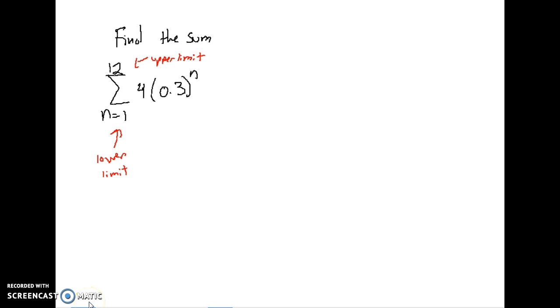So if I'm looking at this problem, I know that this is actually not my first term. That is my 0th term because I don't see a minus 1. I know that this is my ratio. So in order to use my formula, a of 1 times 1 minus r to the power of n all over 1 minus r, I need a few things. I need to know what my first term is, I need to know what my ratio is, and I need to know how many terms there are.